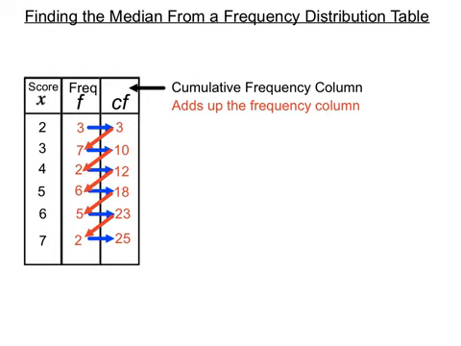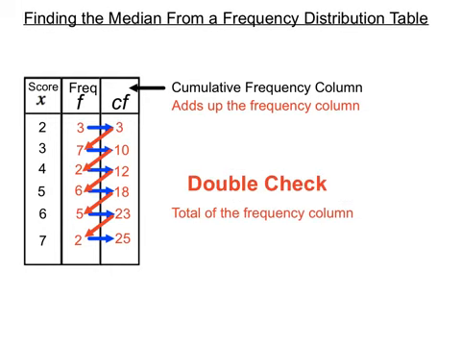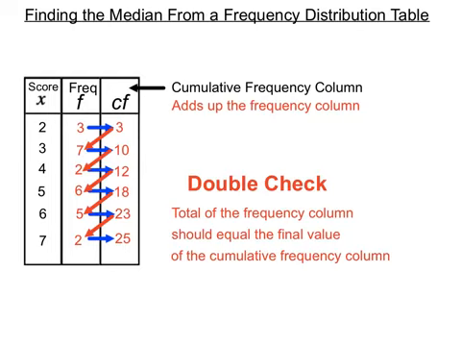Now we'll just double check our work here by comparing the total of the frequency column. If we add that second column up, this should be the same as the final item in our cumulative frequency column, because the cumulative frequency column is supposed to be adding up the frequency column.